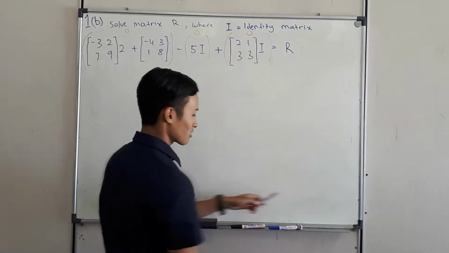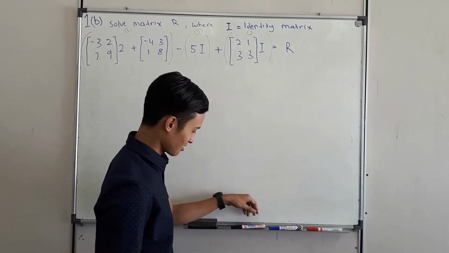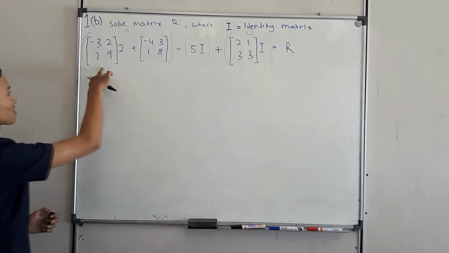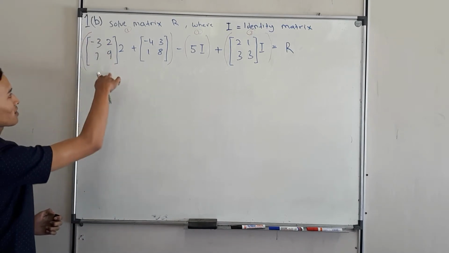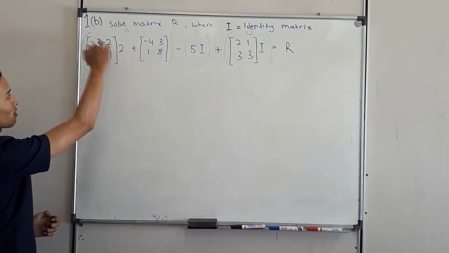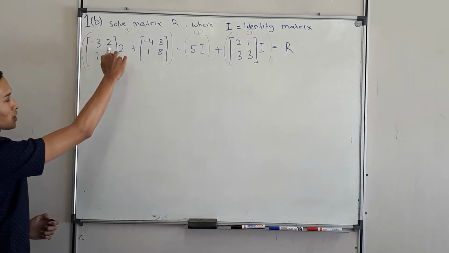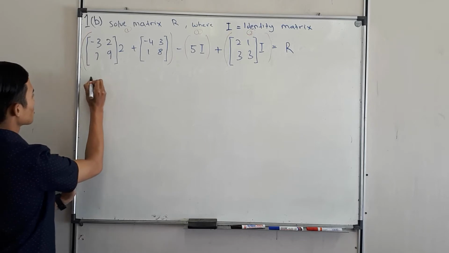I will do the first part first. Okay, for this 2 by 2 matrix, we just need to divide all these 4 unit matrices, multiply by 2.